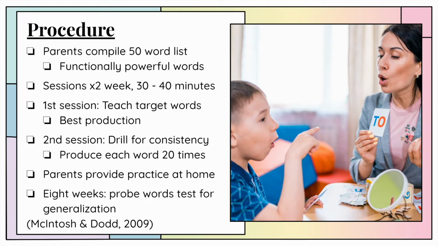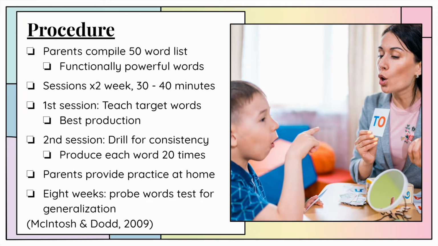The number of words that were targeted per week varied and depended on the child's ability to achieve the best possible word production for their targets. So when they began, the 3 boys were really only working on about 4 to 5 words per week, but by the end, they had increased to between 6 and 12 words, depending on their success.